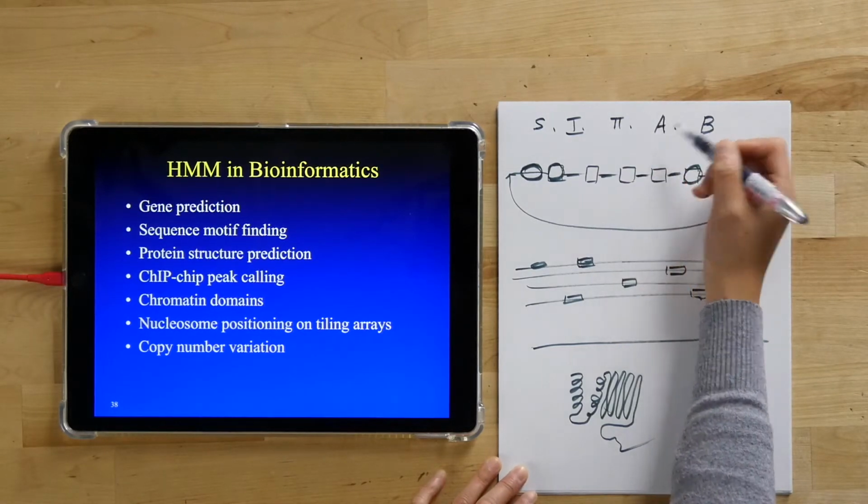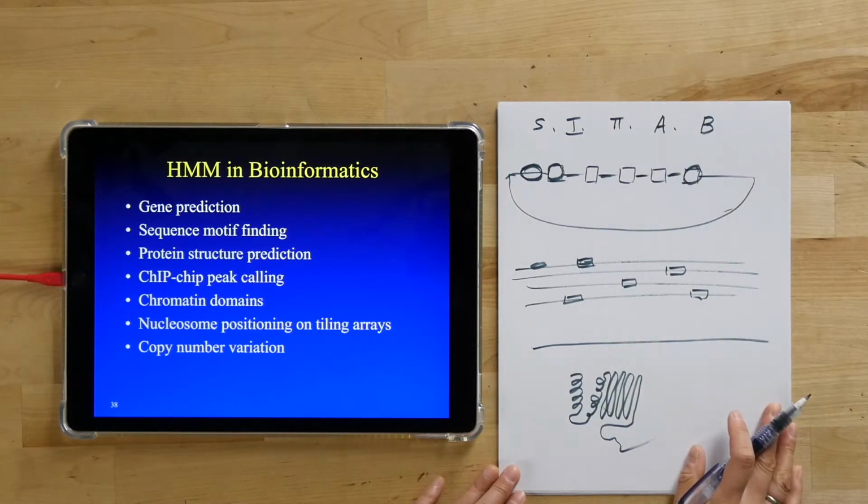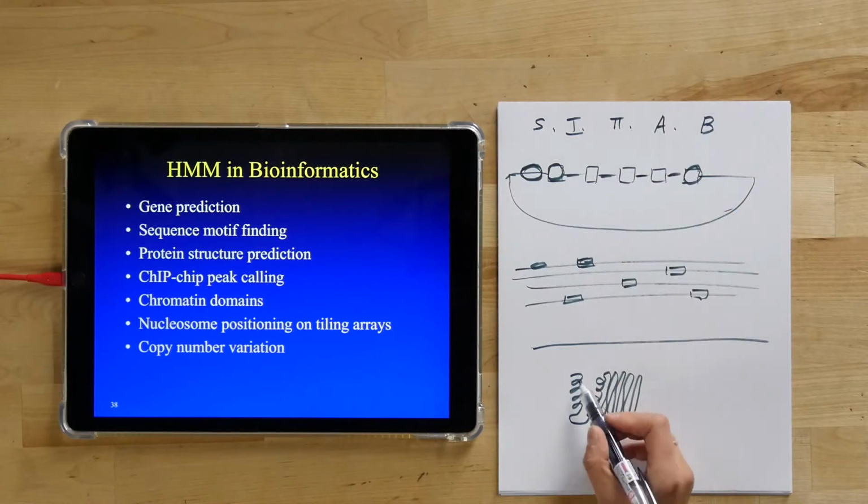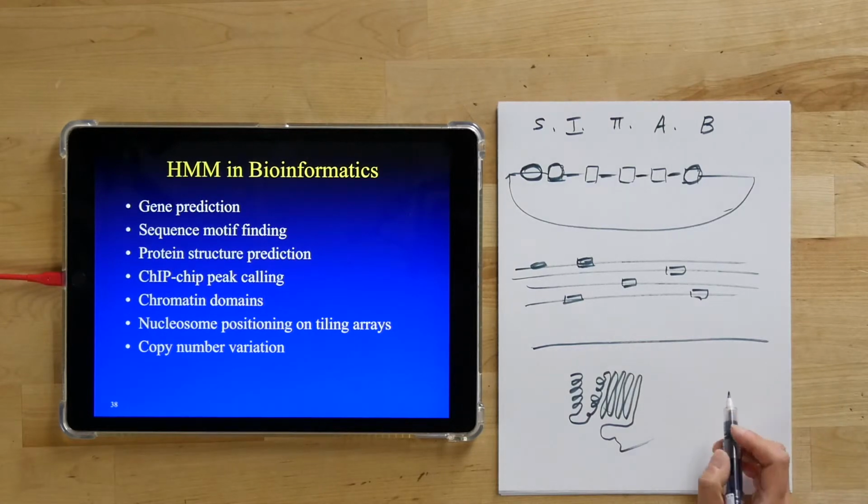The transition probability is, if I'm already in the alpha helix, what is the chance the next amino acid is still in the alpha helix? What's the chance that it's going to end, right?